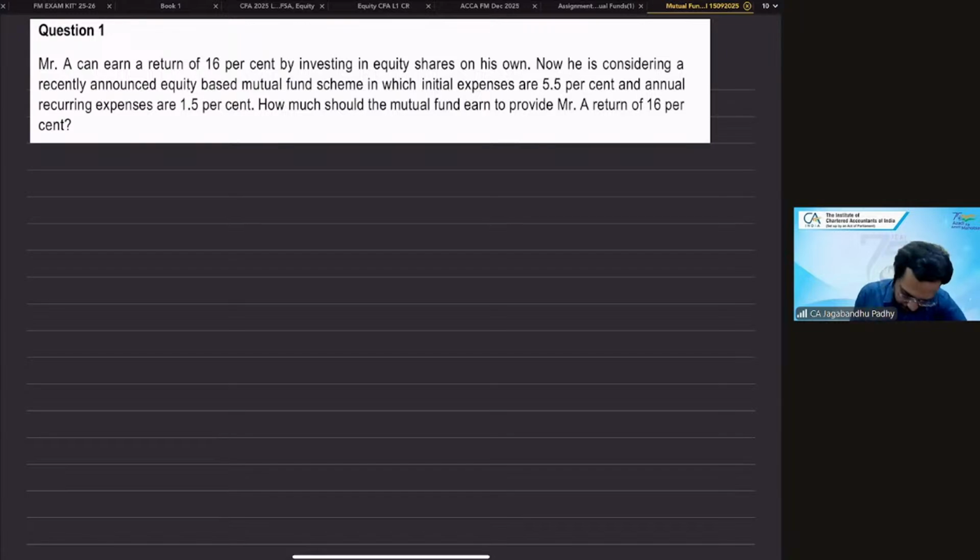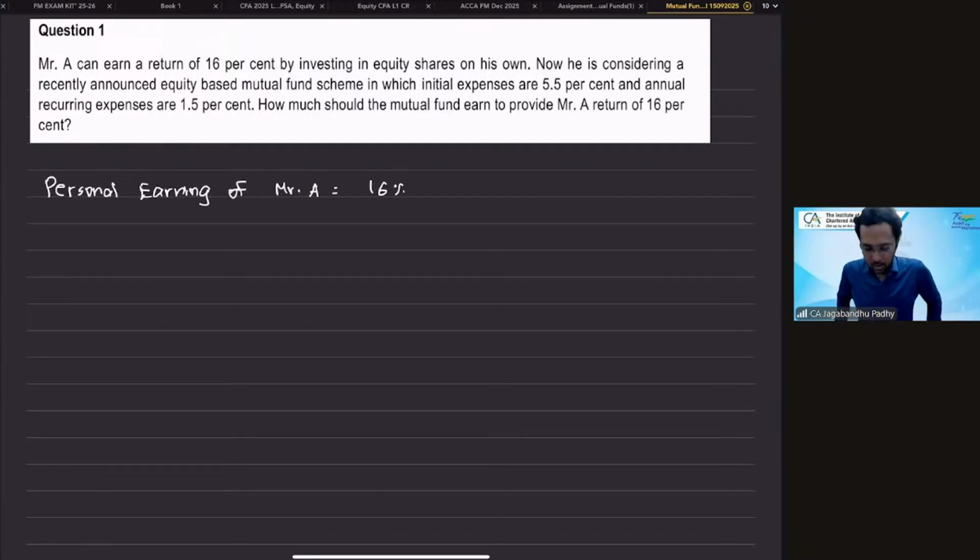So we would have said, what is the personal earning that Mr. A would have made? Personal earning of Mr. A is 16%. So this Mr. A can earn on his own a return of 16%.